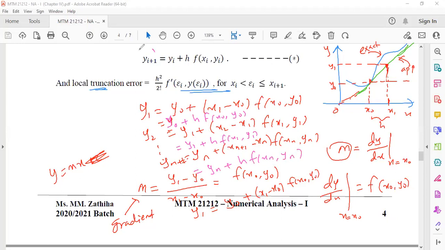So this is my final answer. Some books use y_{n+1} is equal to y_n plus h times f(x_n, y_n).